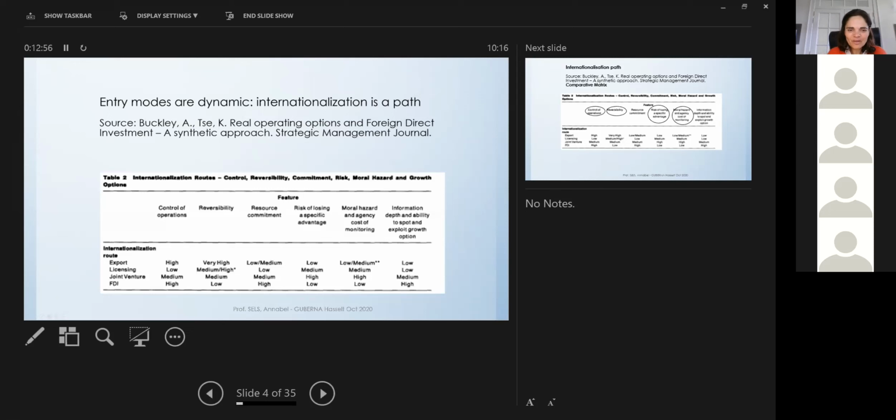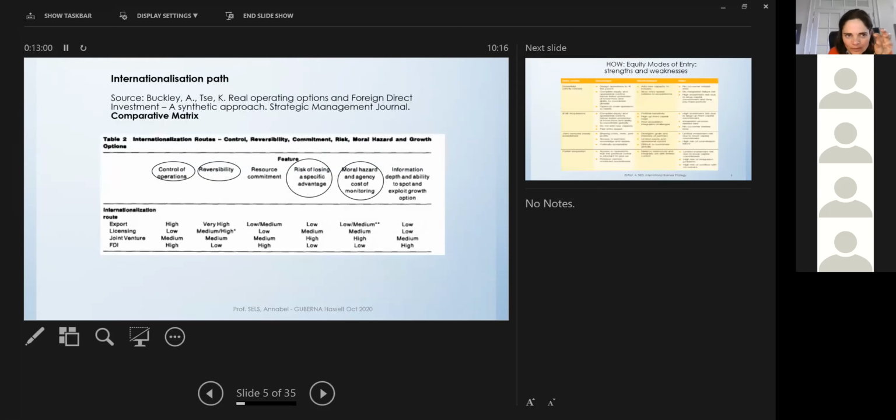Okay, so then what I wanted to focus on is control of operations, reversibility, the risk of losing a specific advantage, and the moral hazard. Right? I like these two screens in front of me, but I will switch off one.